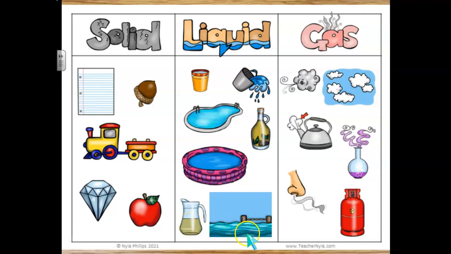Tea, and the ocean. Gases like the wind, air like in the clouds, steam. All right, here you have some other type of vapor coming off of an experiment. All right, air you breathe, and helium, like to blow up balloons.